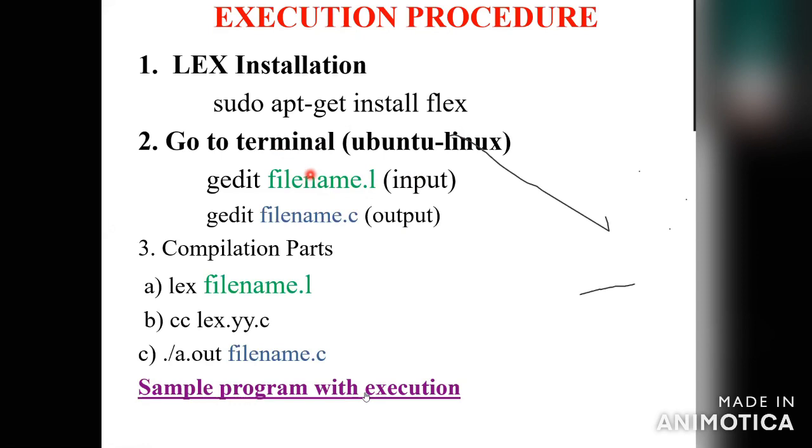You declare them in the translation part. Then the third one is the main function of the program, which is the auxiliary procedure section.